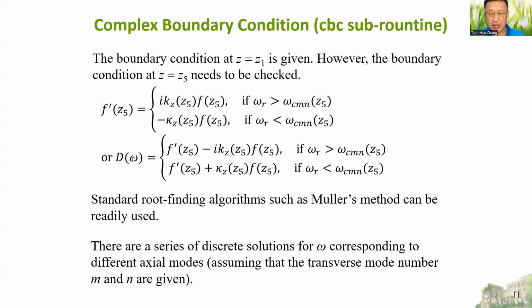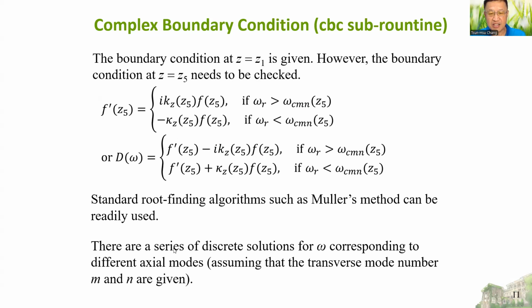So we use D of W equals F prime at Z5 minus i KZ of Z5 times F of Z5. We use this one. Okay. Standard root finding algorithms such as Muller's method can readily be used.